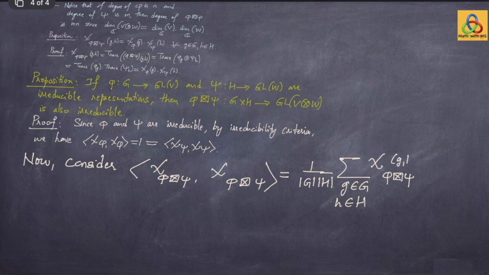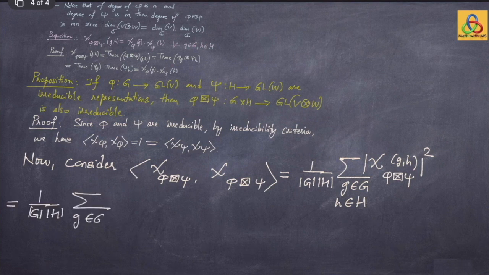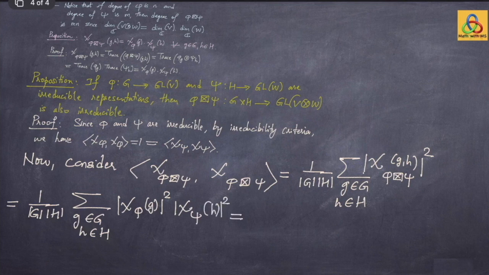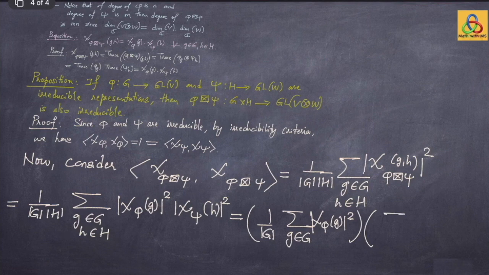of chi of phi exterior tensor psi of GH into its complex conjugate, which is same as mod square, which is same as summation g in G, h in H, chi phi of g mod square times chi psi of h mod square. But now you see that this is simply this product, 1 by order of the group G, summation g in G, chi phi of g mod square, times similar expression for H, 1 by order of H, summation little h in H, chi psi of h mod square.